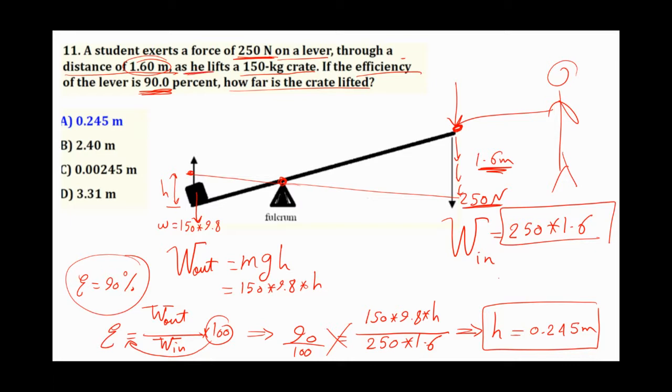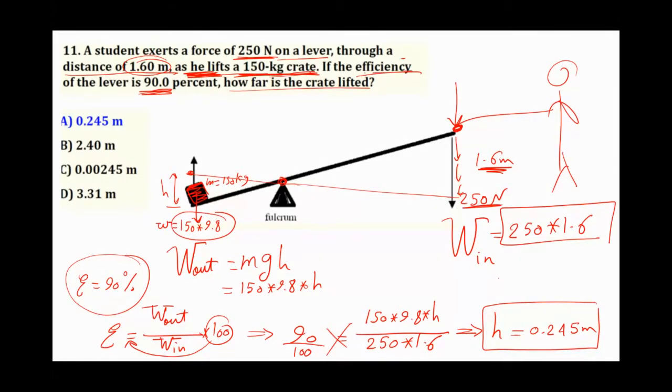What will happen? The machine does what? The machine does this to lift a 150 kilogram crate. There is a crate. This crate has a mass. Its mass is 150 kilogram. So its weight is 150 times 9.8.